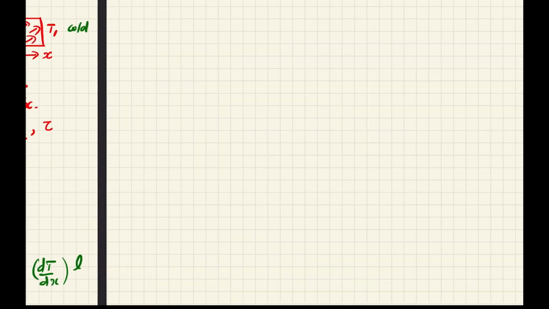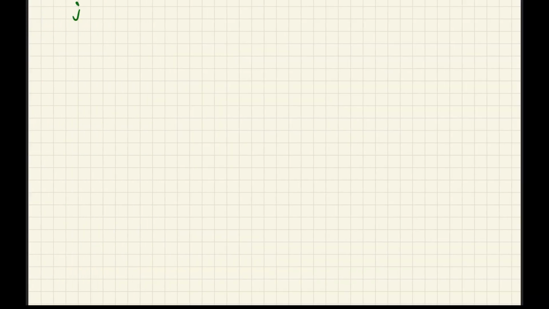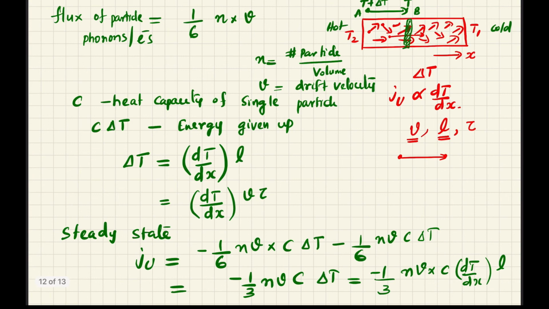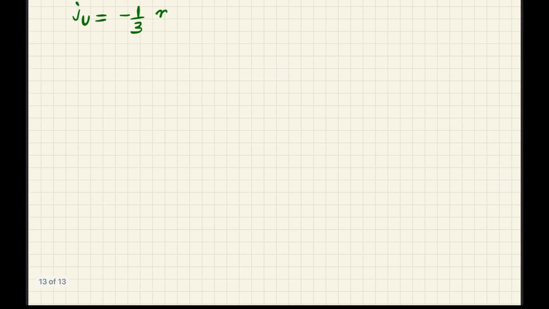Okay, so J mu, you got an expression, J mu equal to -1/3 n c, rearranging this term, v L into dT/dx.